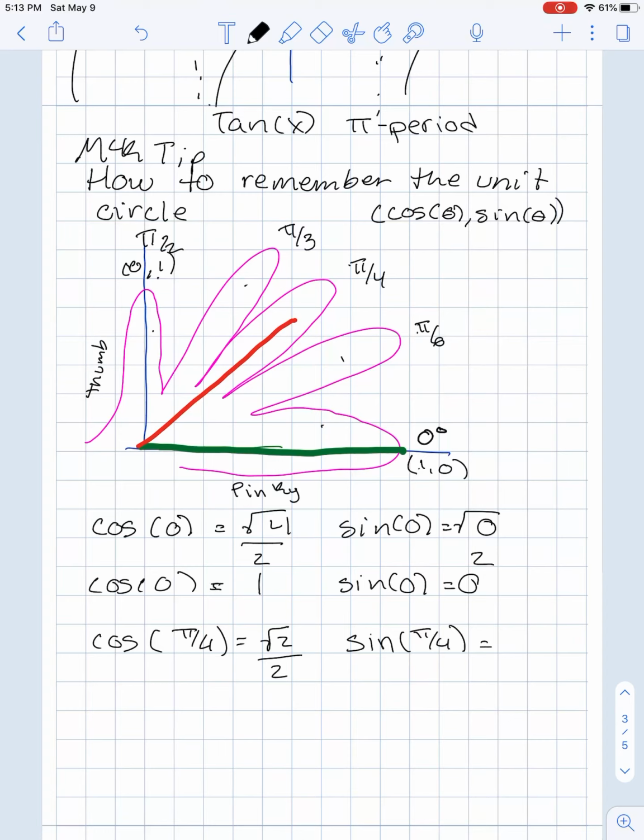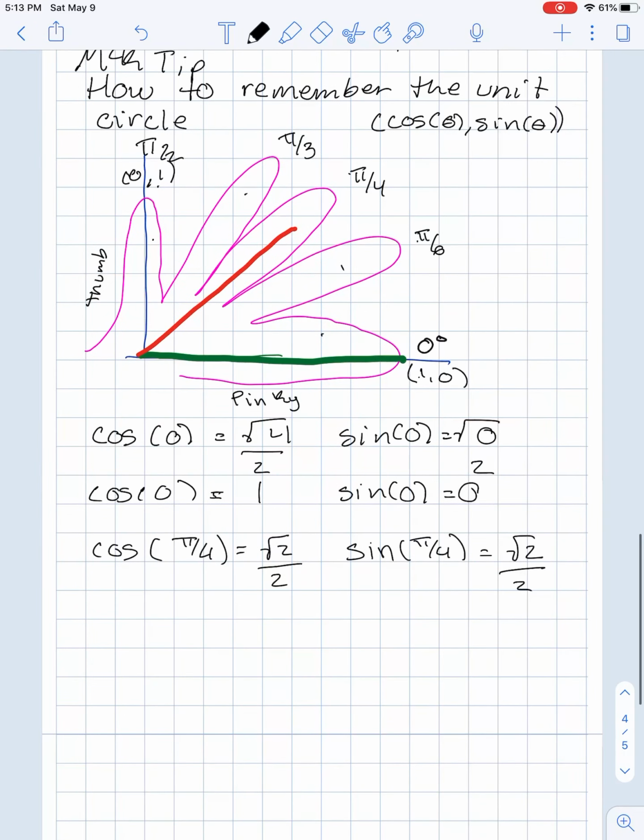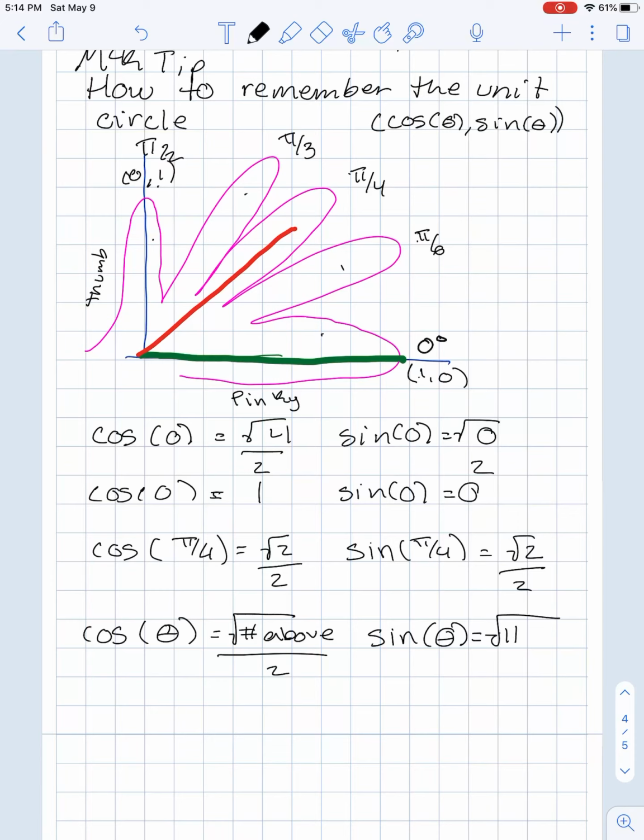And sine of pi over 4, I have 2 below it, so that's going to equal the square root of 2 over 2. So if you look at your hand, cosine of that angle is going to be the square root of the number of fingers above divided by 2, and sine of theta equals the square root of the number of fingers below also divided by 2.